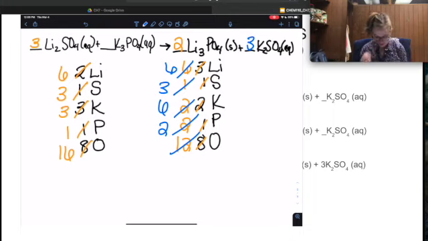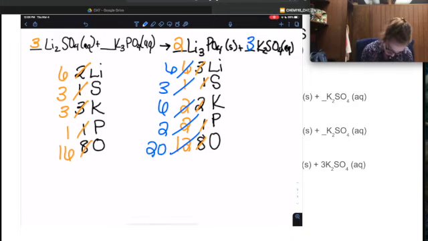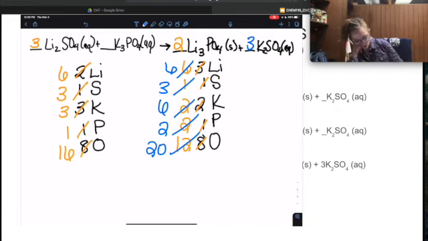And then I'm going to come back and grab my oxygens. So I go from having 8 oxygens from my lithium phosphate, and then I'm also going to get 12 from my potassium sulfate. So I now have 20 oxygen atoms because I'm getting 12 and 8 is 20. 8 from the lithium phosphate, 12 from the potassium sulfate.